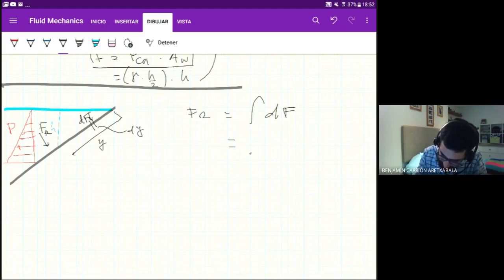And dF is going to be the pressure at y times the area.